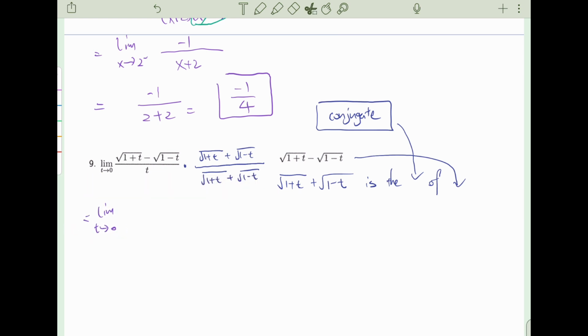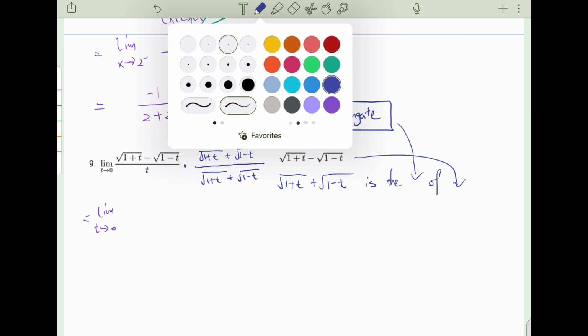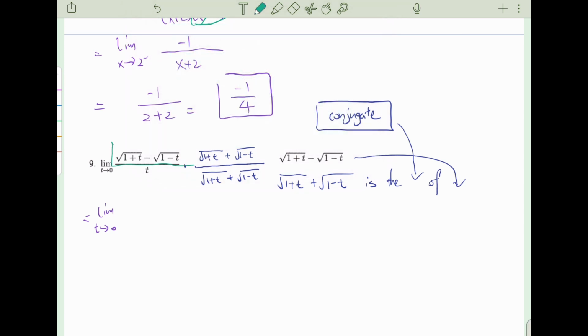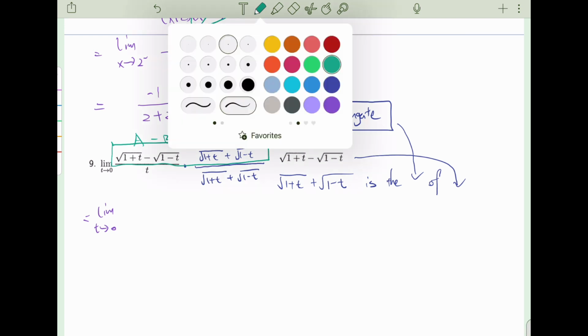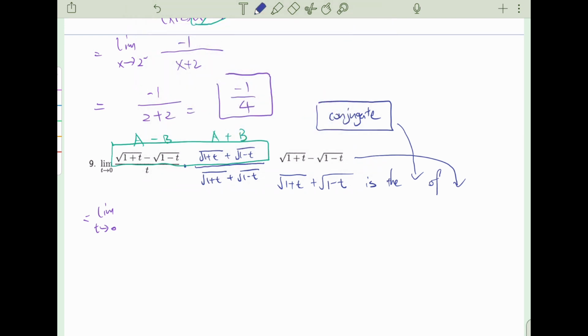Okay. Now, for the top, I can make use of my difference of squares formula, because this is a minus b times a plus b, right? So it becomes a squared minus b squared. And that square will cancel with the square root. So I no longer have a square root for that one, right?